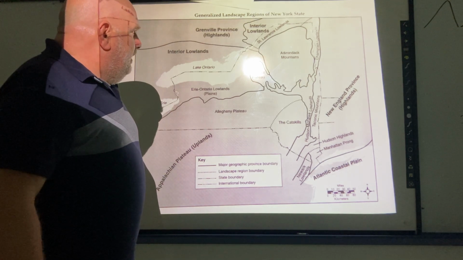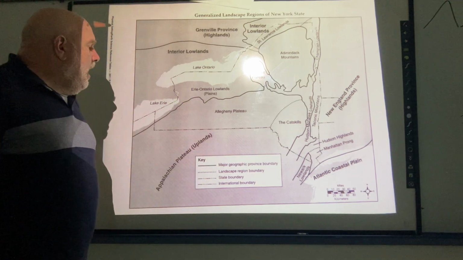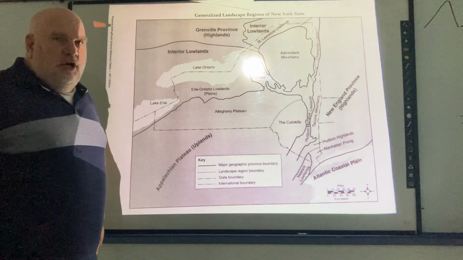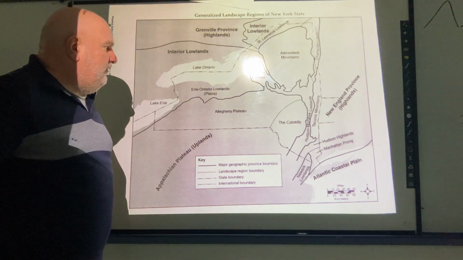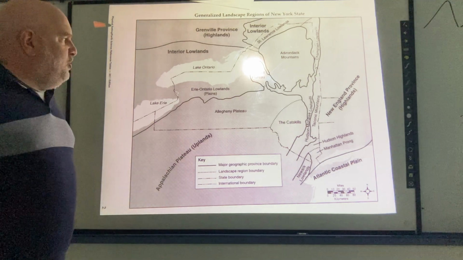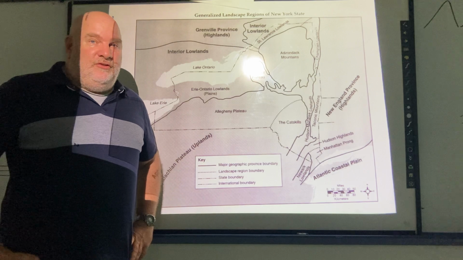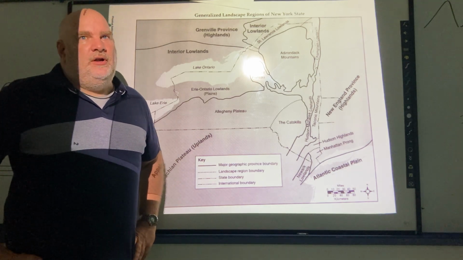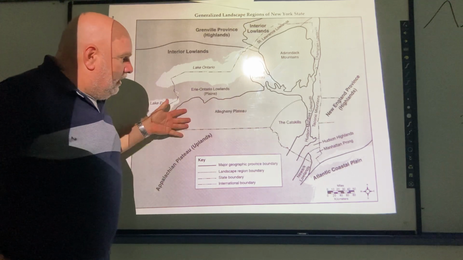All right. Now, the questions you normally get with this chart are usually in conjunction with the other chart of New York State in your reference table. A question you might get is: most of the rocks in the Allegheny Plateau are from what time period? First, I have to find the Allegheny Plateau right here.